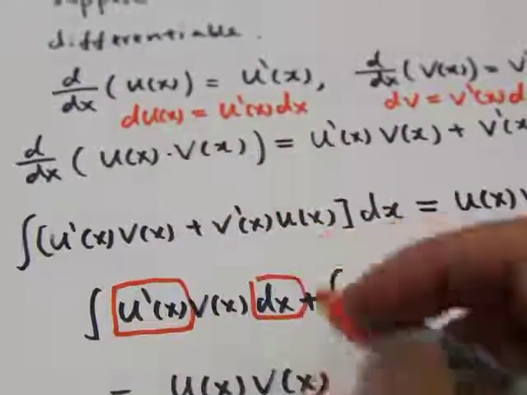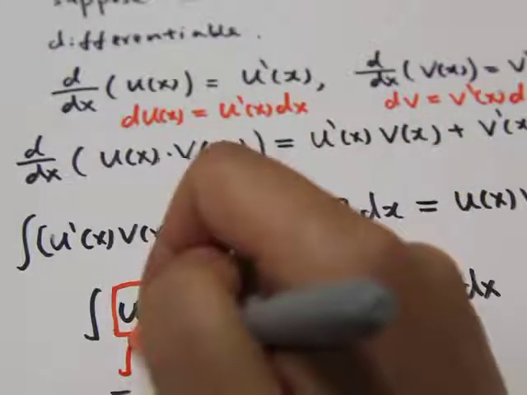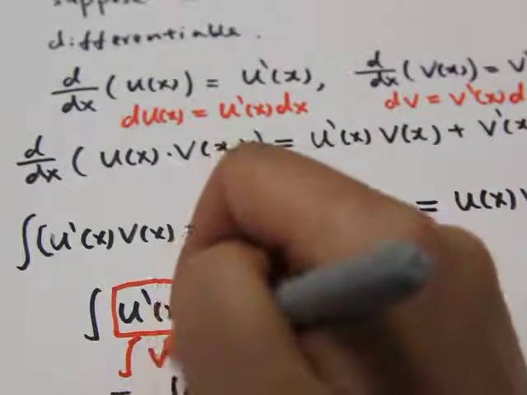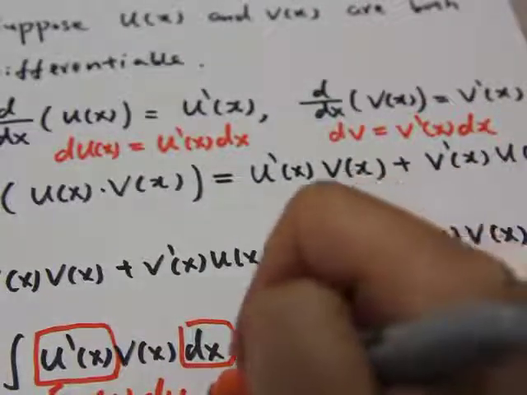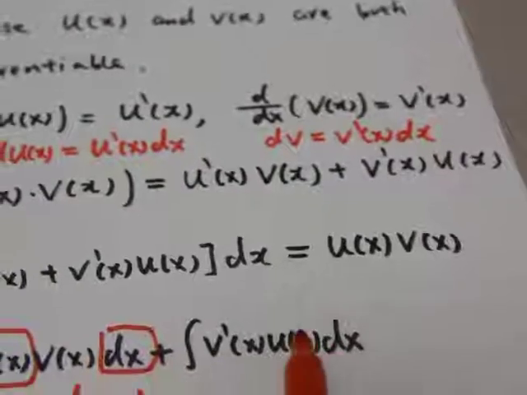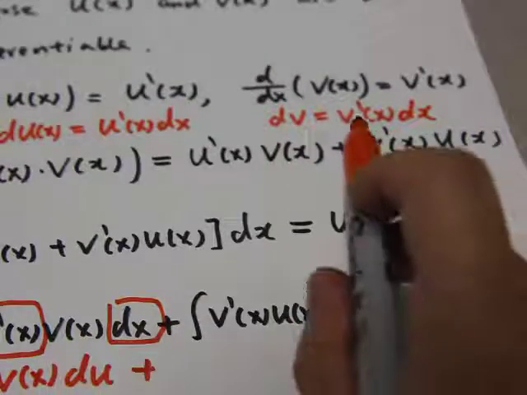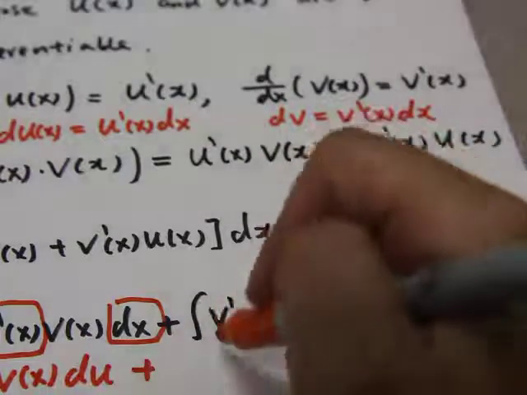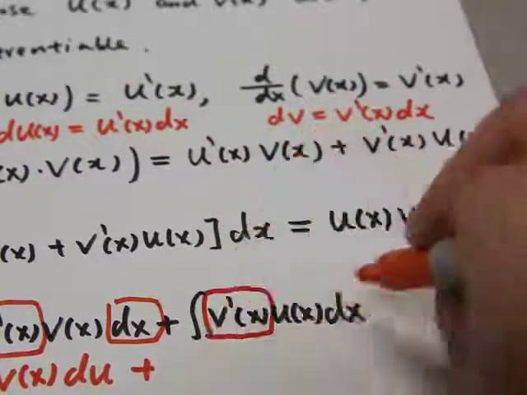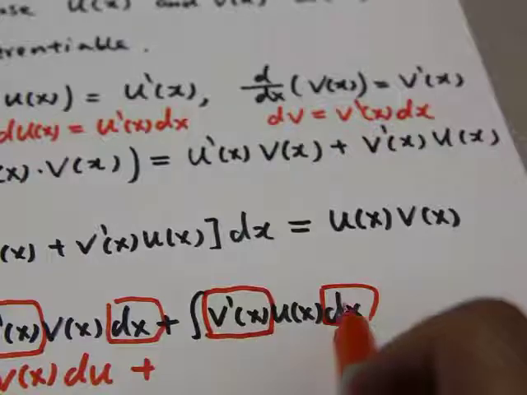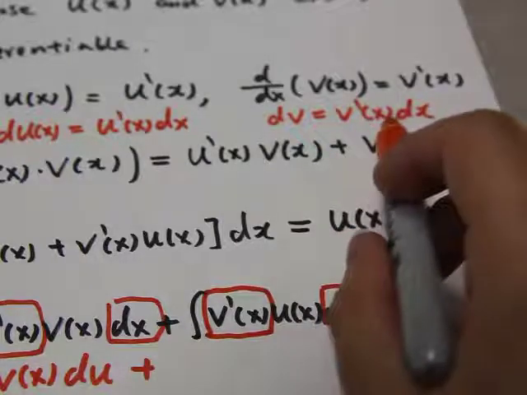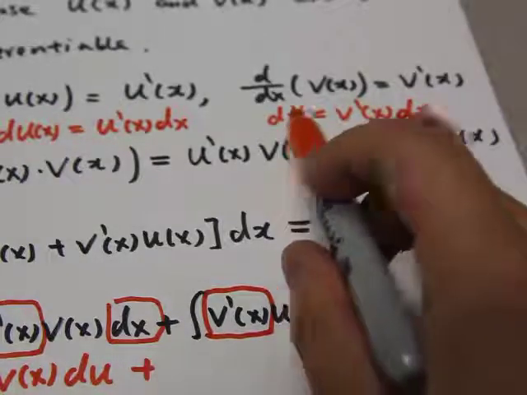So over here, if I combine this term and this term, I put them together, it will be equal to du, right? So the first integral we can rewrite as v(x) times du. And similarly, for the second integral, if I combine v'(x) and dx, these two can be replaced by dv.